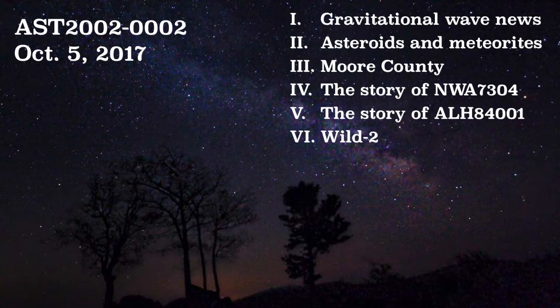Item 6 on today's outline, Wild 2, is the name of a comet that we're going to look at in detail on Thursday. It's probably not mentioned prominently in the textbook, but in addition to finishing chapter 13 on comets, just read whatever you can on Comet Wild 2.